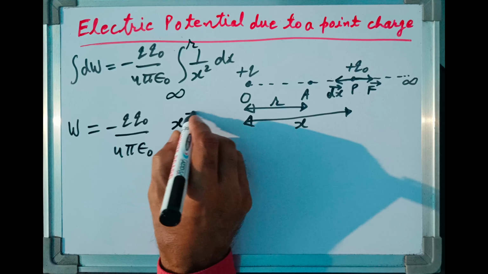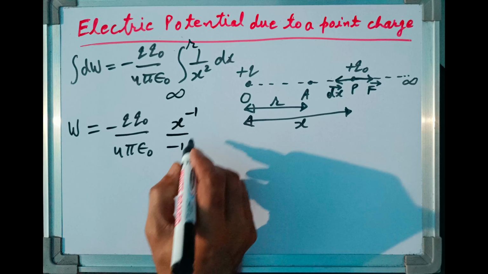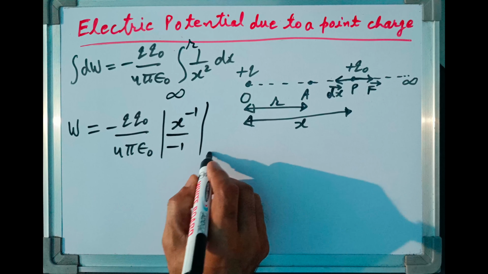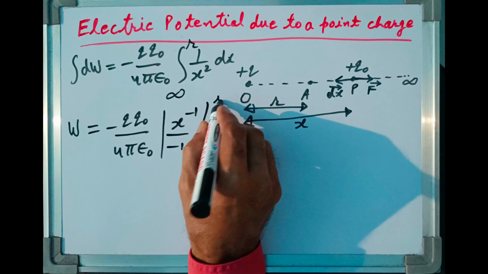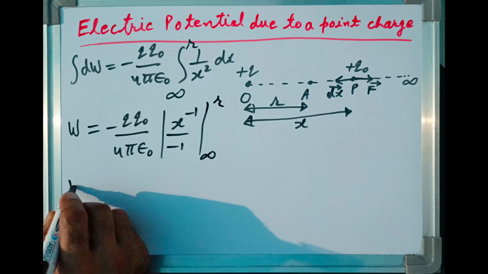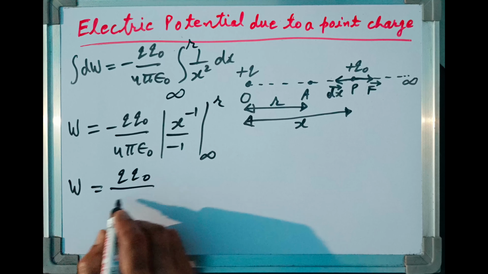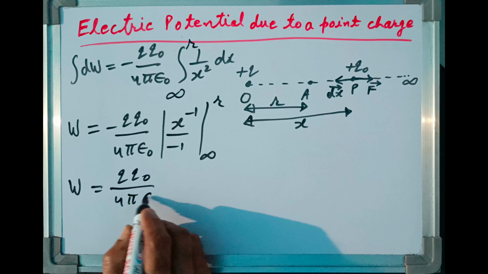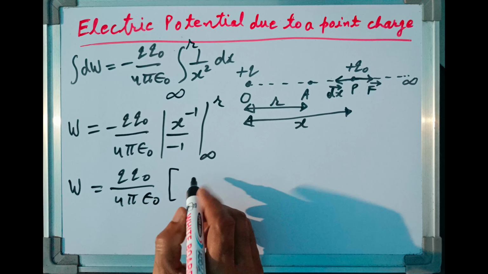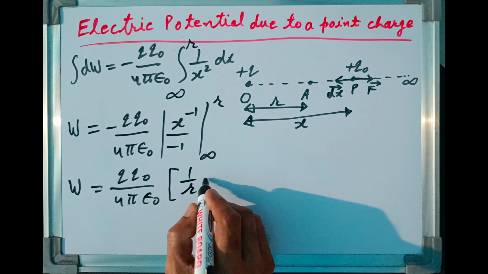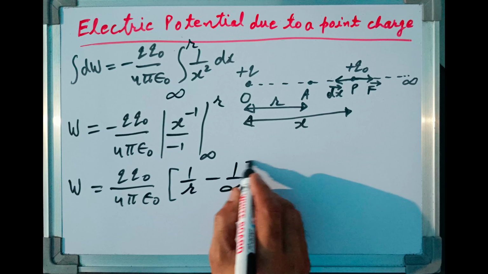Integrating, we shall get x raised to power minus 1 divided by minus 1, from infinity to r. After simplifying, we can write Q naught upon 4 pi epsilon naught, inside we have 1 upon r minus 1 upon infinity.